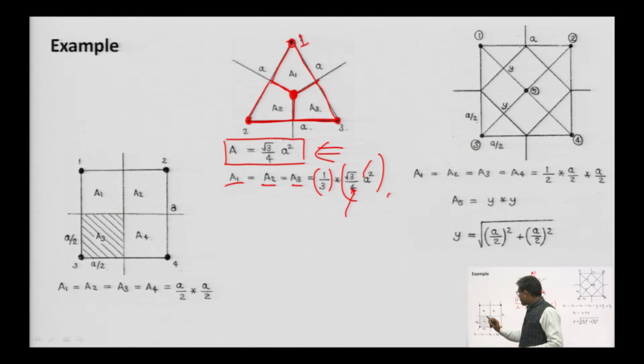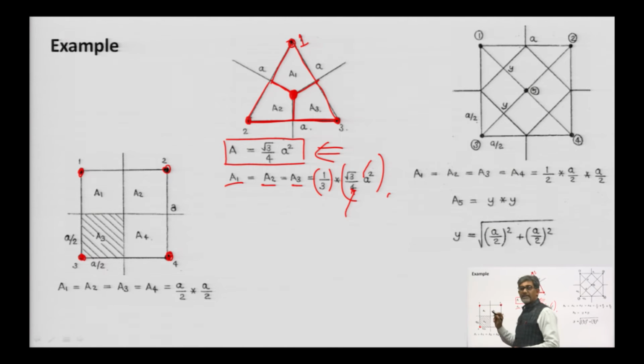Look at this figure. In this figure, the 4 rain gauge stations are numbered 1, 2, 3 and 4, at these places.